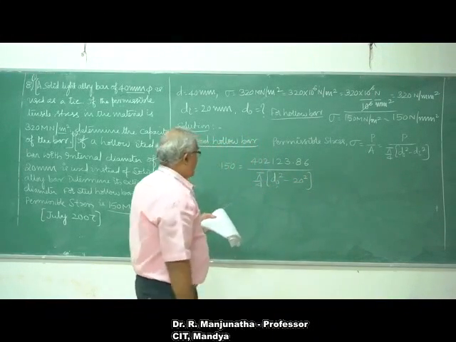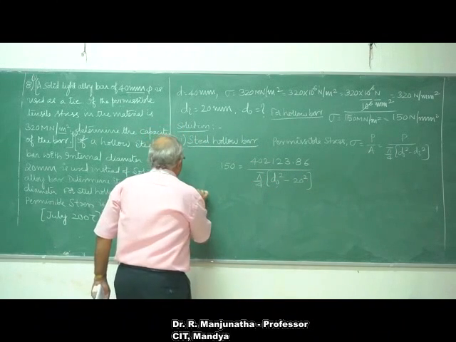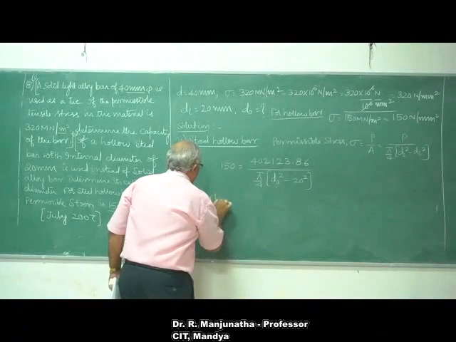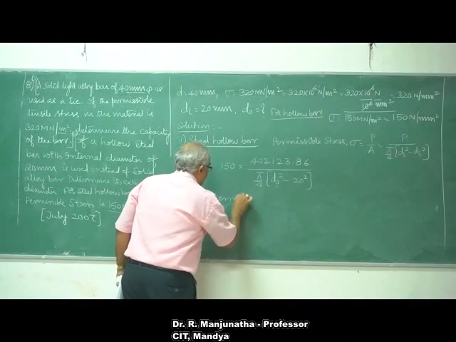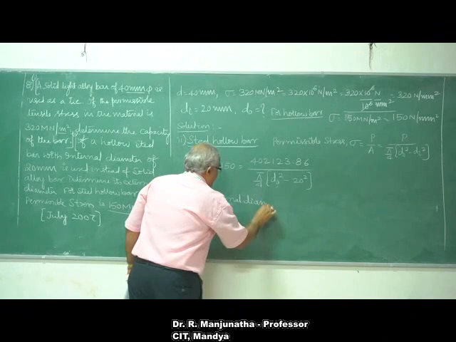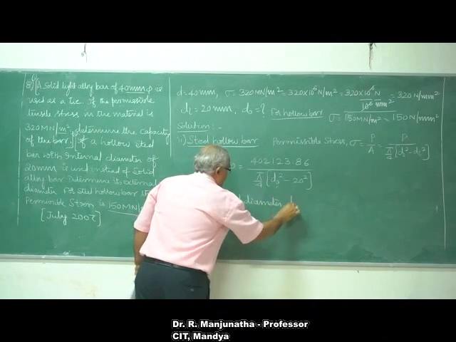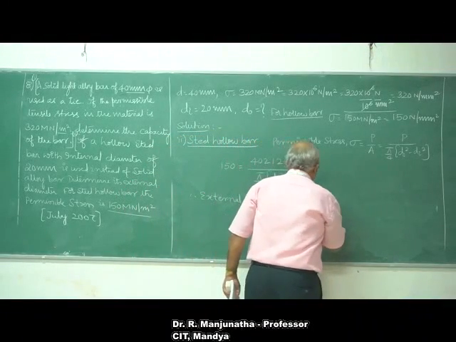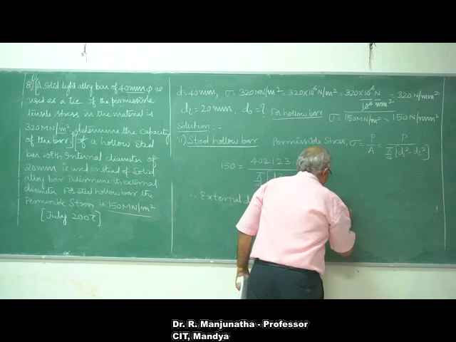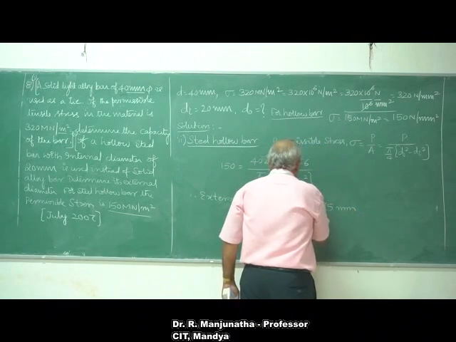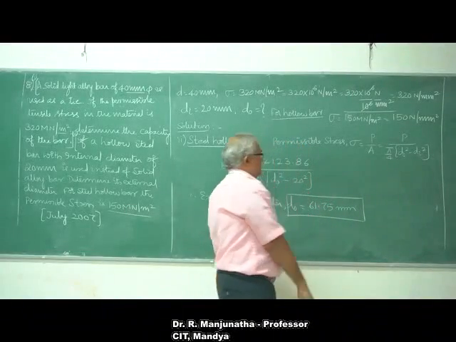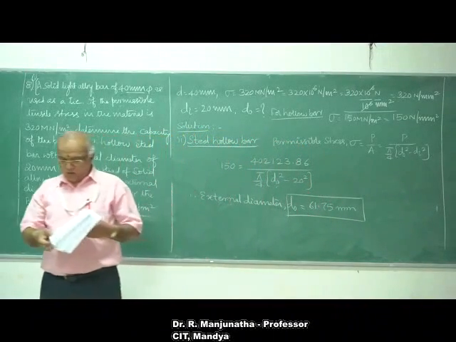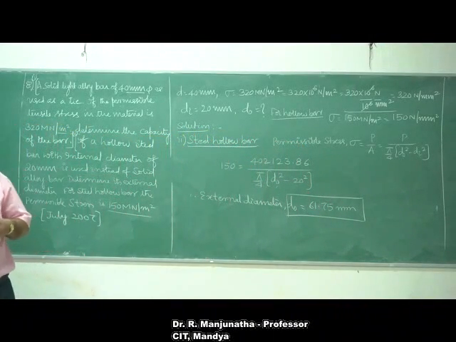On simplification, the external diameter d naught is given by 61.75 mm. So this is the external or outside diameter.